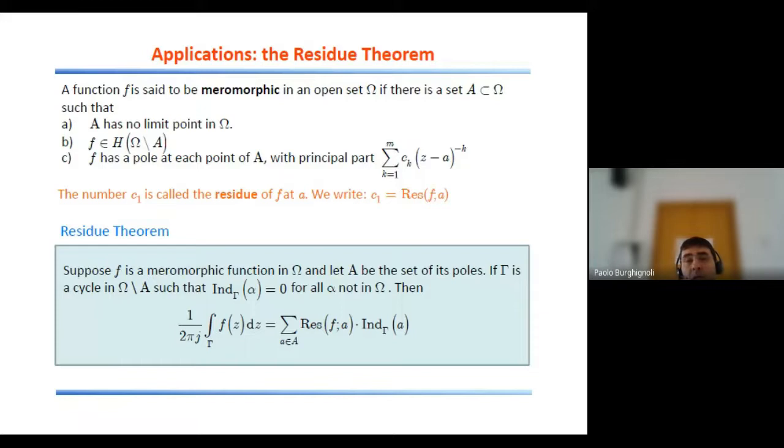That's a possibility. Now, the residue theorem tells us that if you have a meromorphic function in omega, and this function has a set of poles that we will call again A, then if gamma is a cycle in omega without the poles, which does not wind around any point outside of omega, then the integral of the function f along the cycle gamma divided by 2 pi j is equal to the sum of the residues at all the poles, each residue being multiplied by the index of the pole a with respect to gamma.